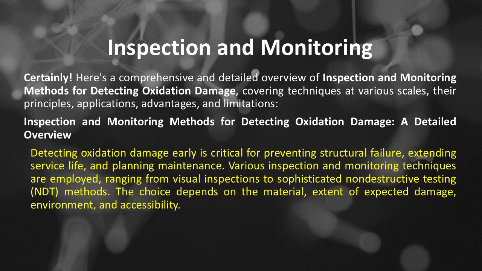Various inspection and monitoring techniques are employed, ranging from visual inspections to sophisticated non-destructive testing (NDT) methods. The choice depends on the material, extent of expected damage, environment, and accessibility.